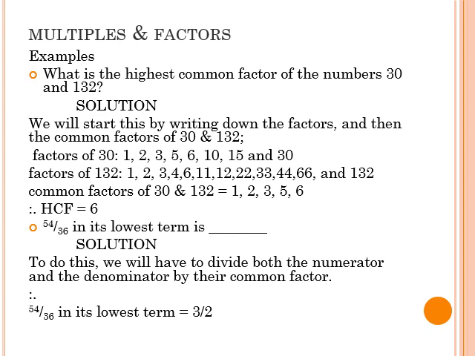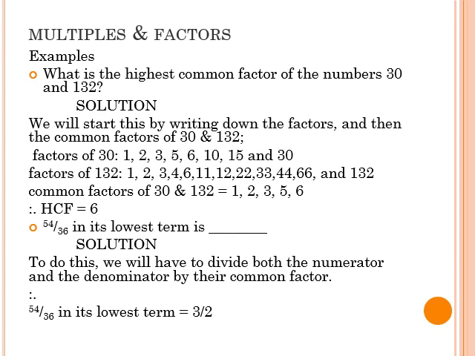We will start by dividing them by 2. When you divide 54 by 2, you get 27, and 36 divided by 2 is 18. So 27 over 18.